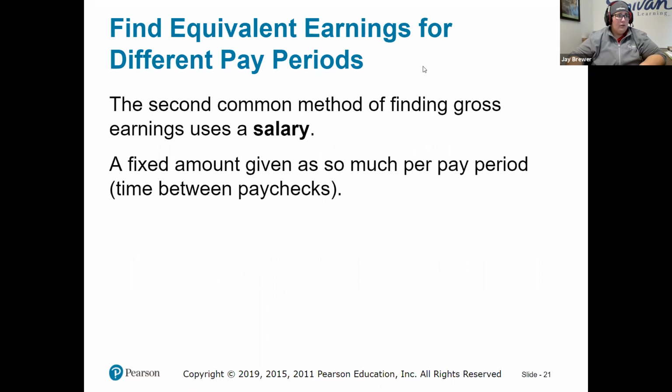Finding equivalent earnings for different pay periods. So the second common method of finding gross earnings is using salary, a fixed amount given per pay period between paychecks. So most of the time it's like 2 weeks. You can get paid bi-monthly, which is actually different than every 2 weeks.